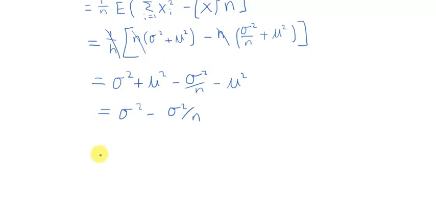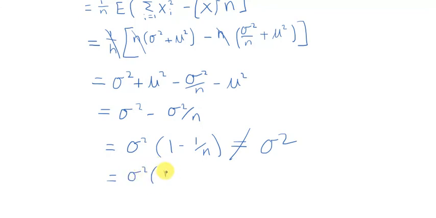Which is equal to sigma squared times 1 minus 1 over n, which is not equal to sigma squared, which is why we have a biased estimator. Another way of writing this is also sigma squared times n minus 1 over n.